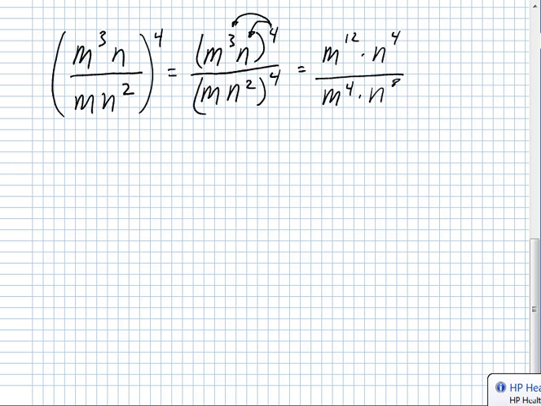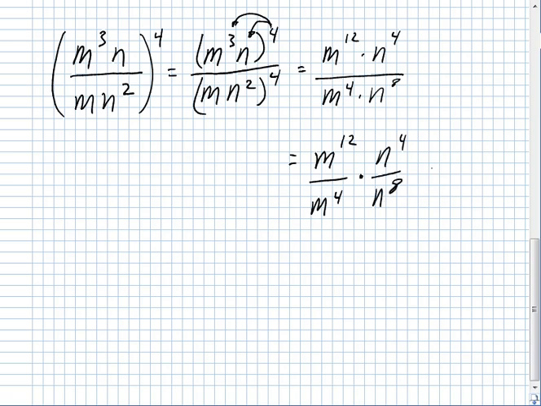Okay, and notice I'm not multiplying my powers together because they have different bases. We only multiply them together when they have the same base. But you'll notice that I have an m on the top and the bottom as well as an n. Okay, and so I'm going to split this rational expression up into two separate fractions. In other words, make it like this: m to the power of 12 divided by m to the power of 4 times n to the power of 4 over n to the power of 8.